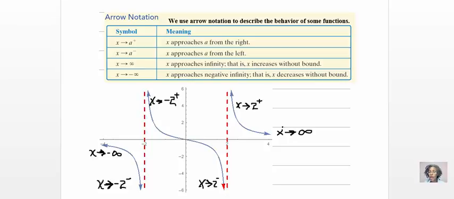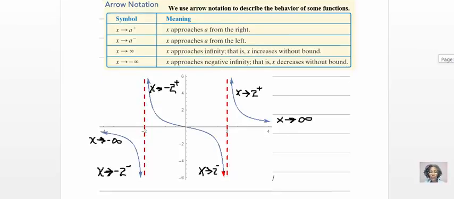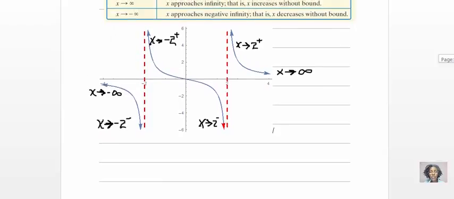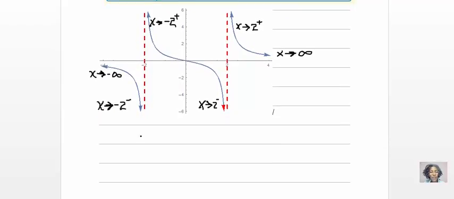Now a lot of times what we'll want to do with this notation is talk about what the function is doing as x is doing these various things. So arrowhead notation can also be used to discuss what the function is doing as well.